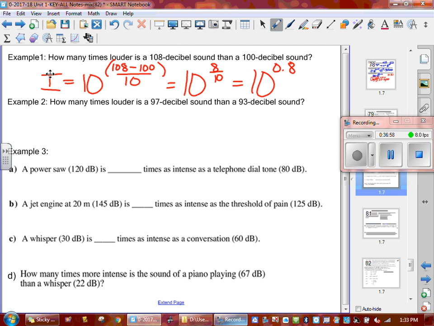Okay, the next one, 97 compared to a 93. Well, same idea. I equals 10 exponent 97 minus 93 divided by 10. 10 exponent 4 over 10, which is 10 exponent 0.4.